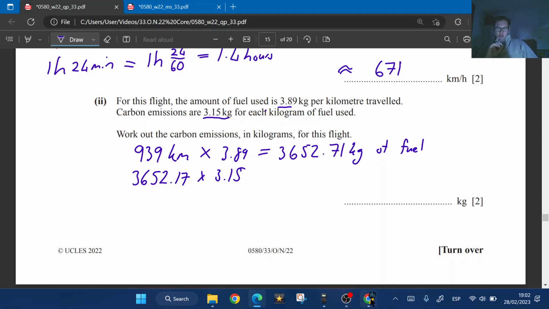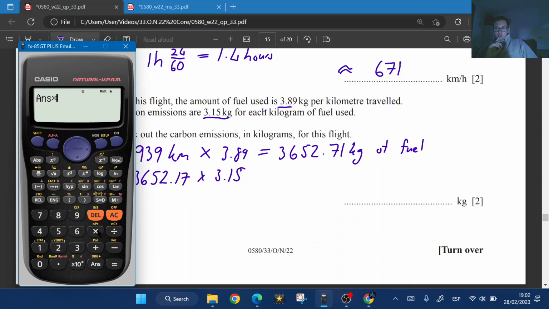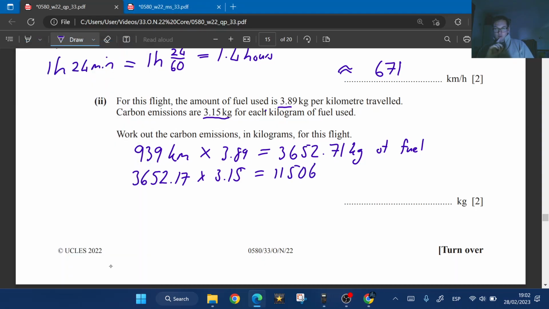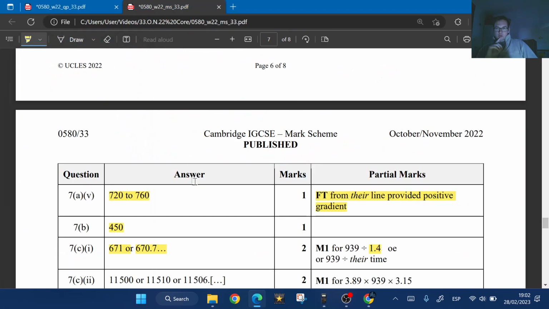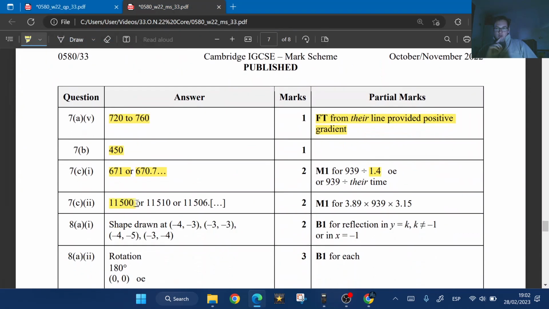How do they calculate that? It's weird. So all we need to do is times this by 3.15. And that's a lot of carbon emissions. 11506.03, etc. If you're going to round this now, to 3 significant figures, it'll be 11500 kilograms.